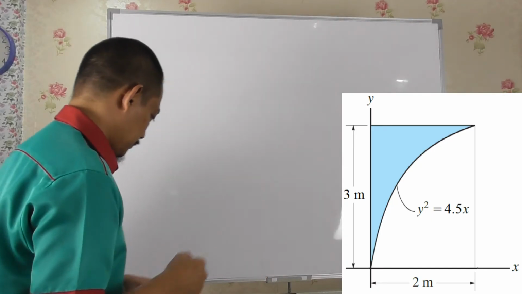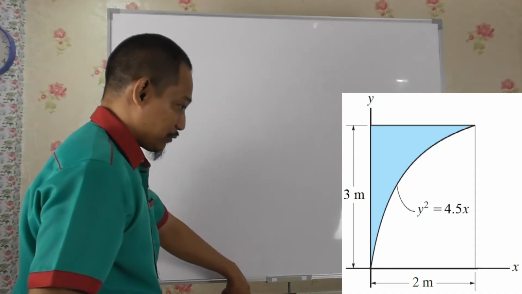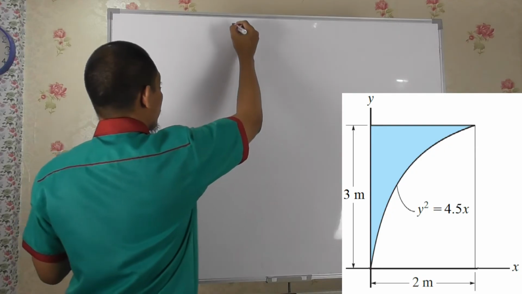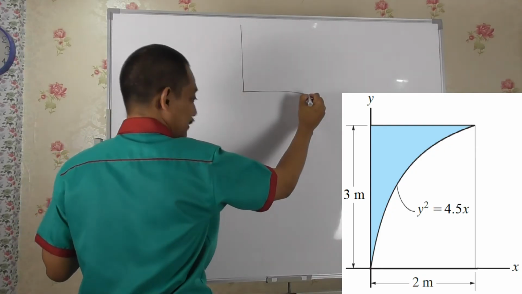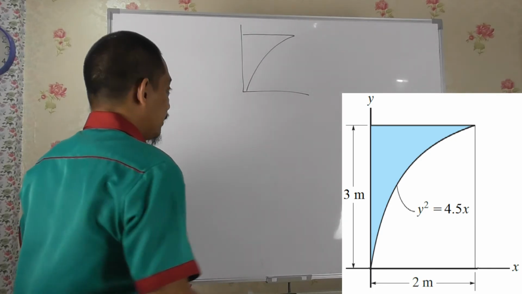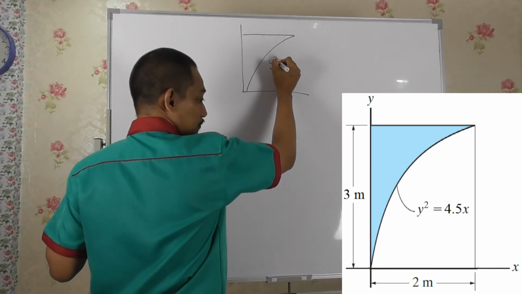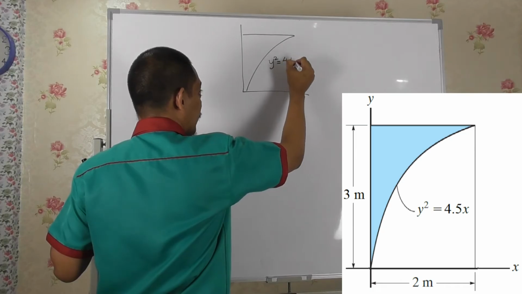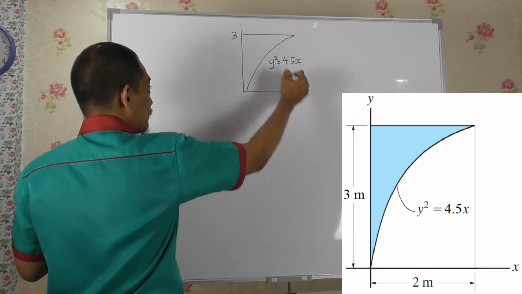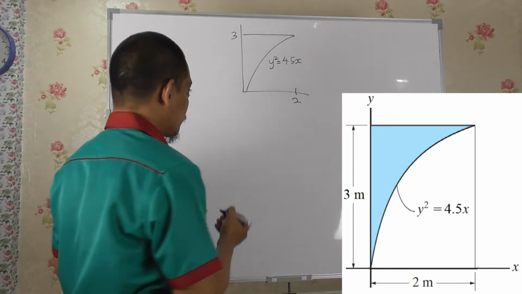So let's start with part A. Basically the question is the same. You have the area like this, y squared equal to 4.5x, and then this is 3, and then this is 2.